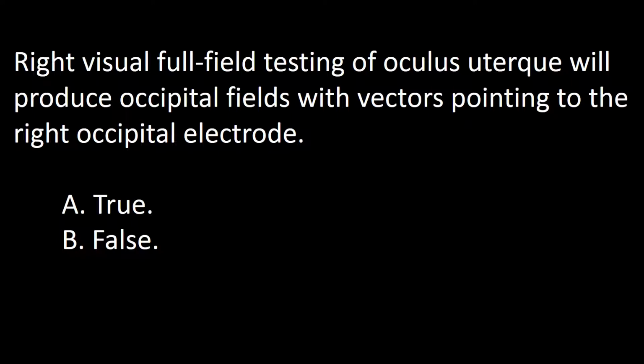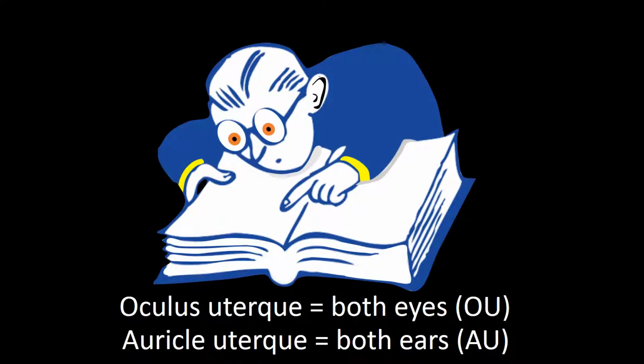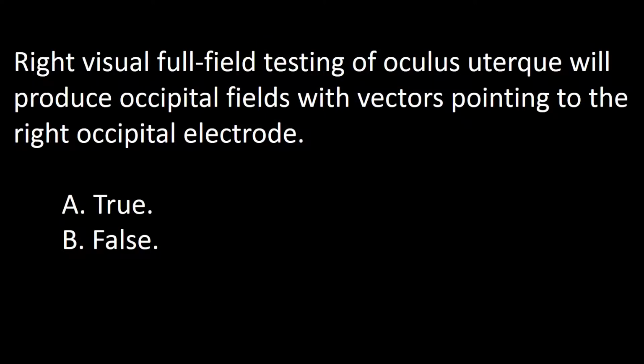A true, B false. The word uterque means both in Latin. That is why at times you will see the term OU for both eyes and AU for both ears. So the answer to this question is B.